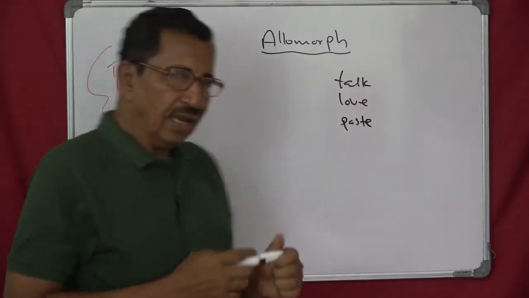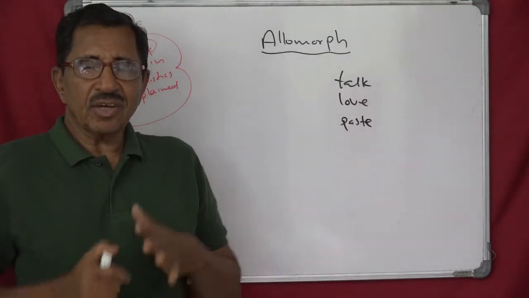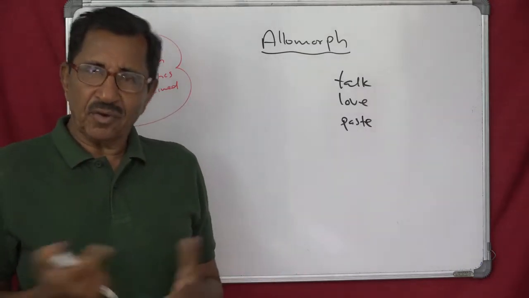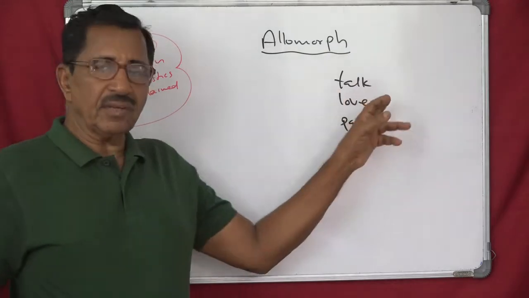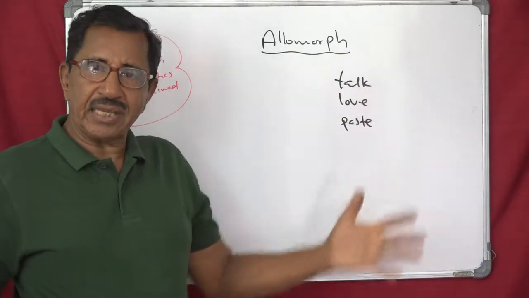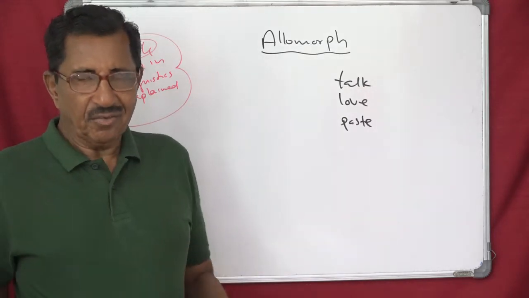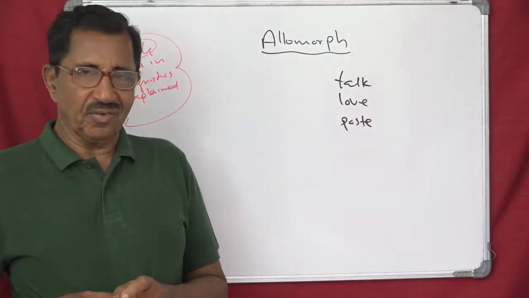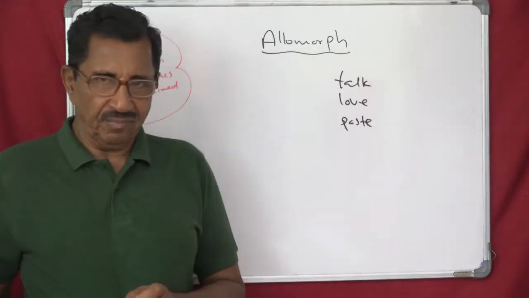Now these are morphemes, meaning you cannot divide them further. A morpheme is the smallest meaningful unit. The test is that if you break it, it won't be talk, it will be something else. You would only go down to the level of phoneme. So the smallest meaningful unit is the morpheme.